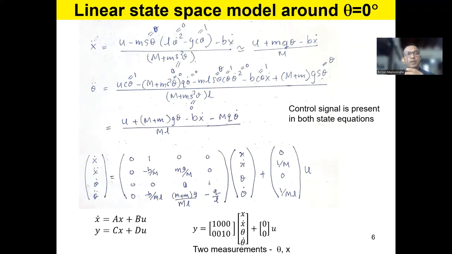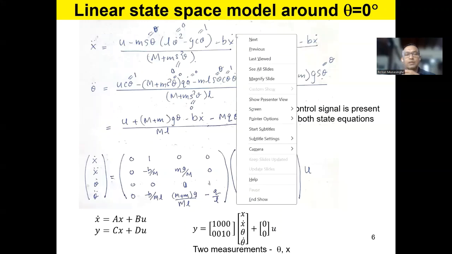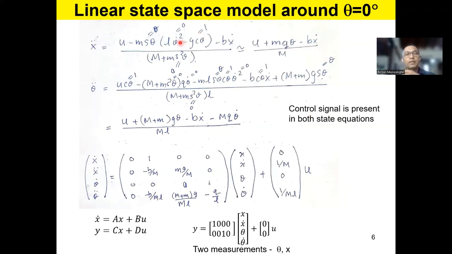For example, for small angles, sine theta is equal to theta in radians, and cos theta is equal to 1. And theta dot squared is 0 because it's close to 0, when theta dot is small.